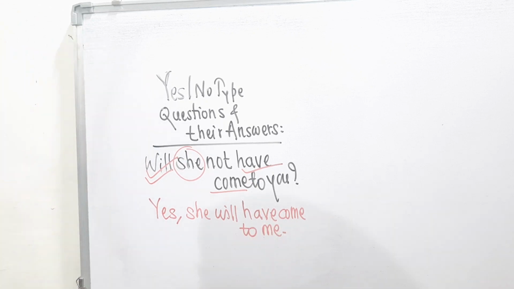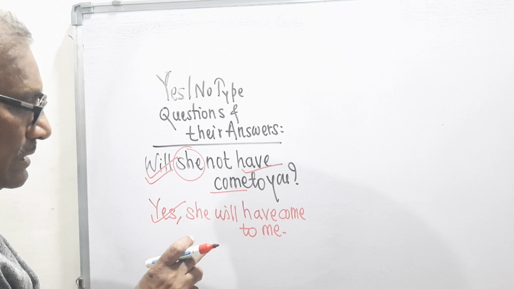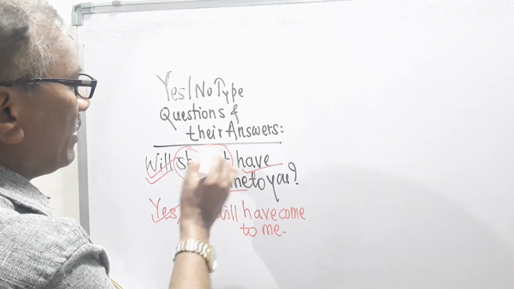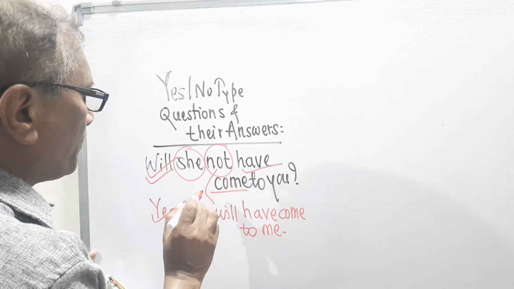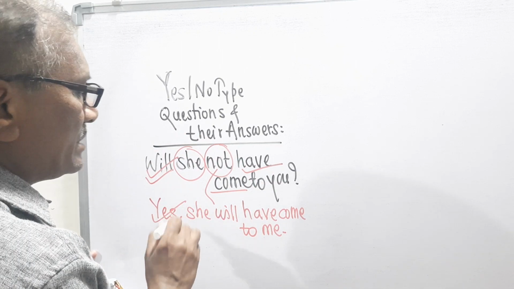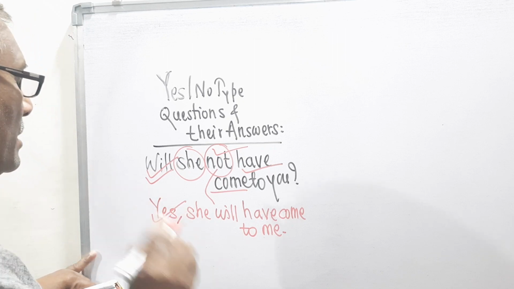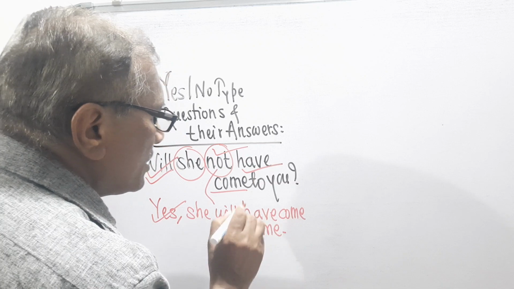So remember here, this answer is in the yes sense, means positive sense, and that's why I have not taken this not here, because this is a negative question and the answer is in the positive sense, and that's why I have not taken this not. So the answer is yes, she will have come to me.